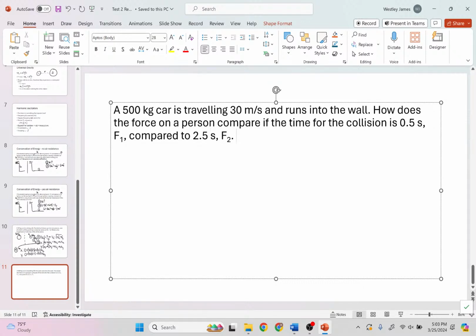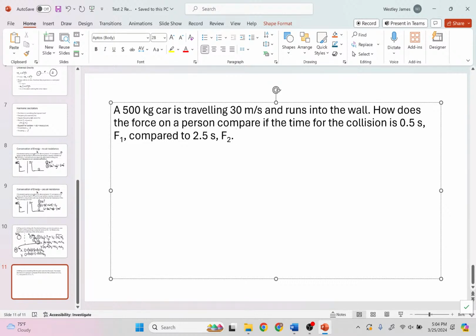All right, so again, this wording is not ideal, so I'll explain it more in words. Let's just say one case is your head hitting the steering wheel, one case is your head hitting an airbag. How does the force compare when it goes from 30 meters per second to nothing?